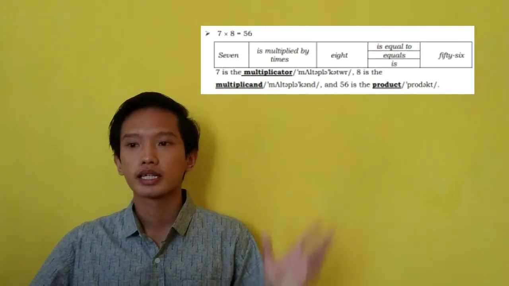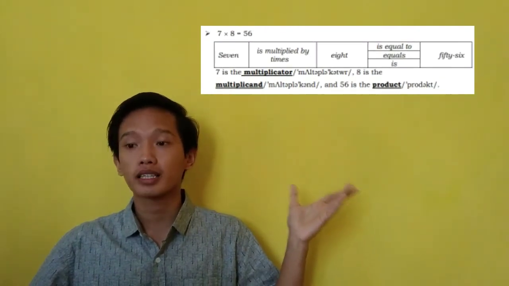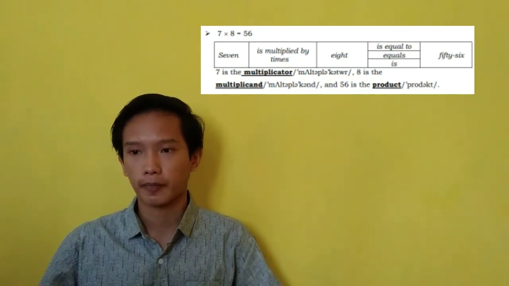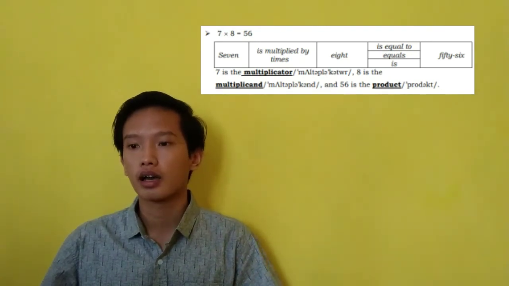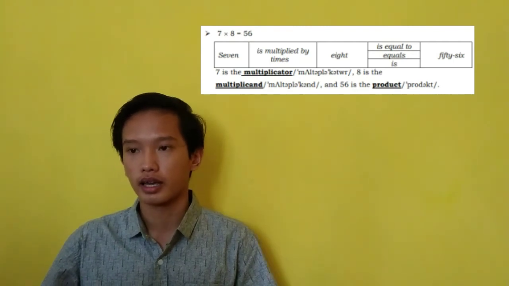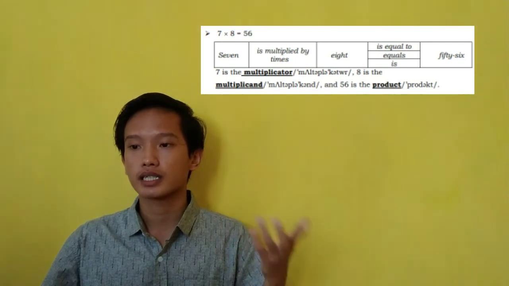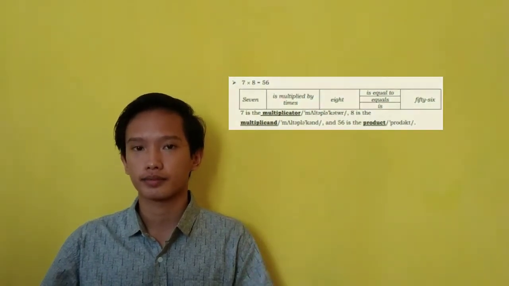And then we will go into multiplication. 7 multiplied by 8 is equal to 56. 7 is the multiplier, 8 is the multiplicand, and 56 is the product.